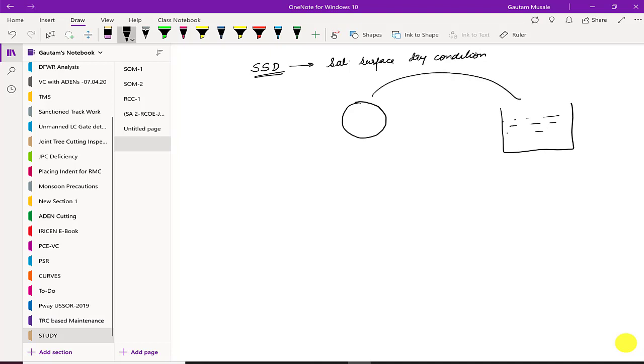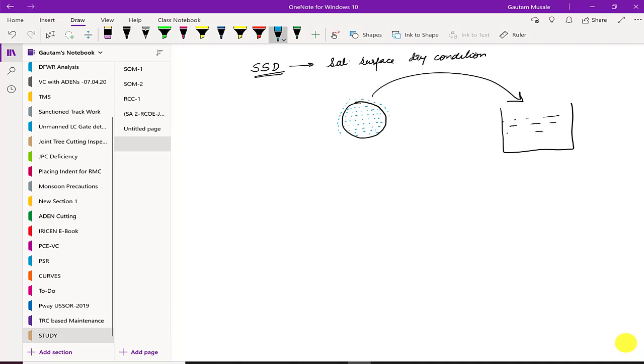I dip it inside the water for some time, and after dipping for some time, I remove it. What I will observe is that this aggregate, by virtue of its property of water absorption, will absorb or imbibe the water inside it. And there will also be some amount of water present on the surface of this aggregate.